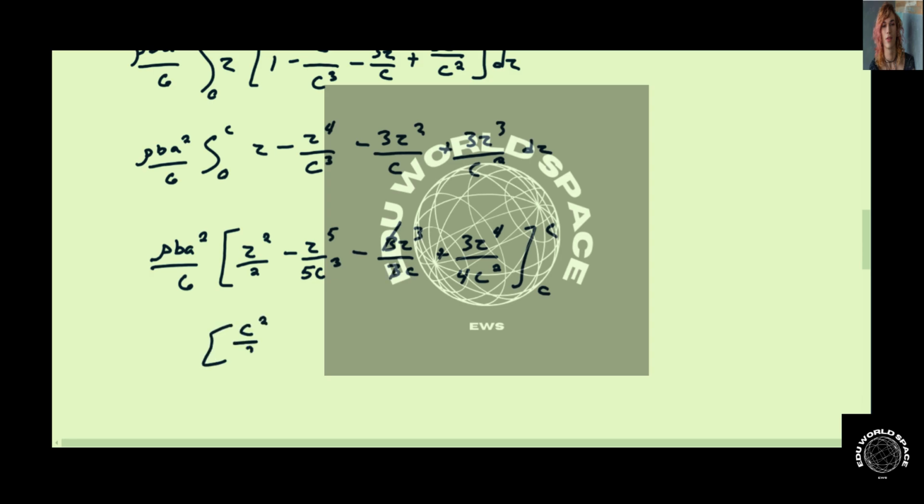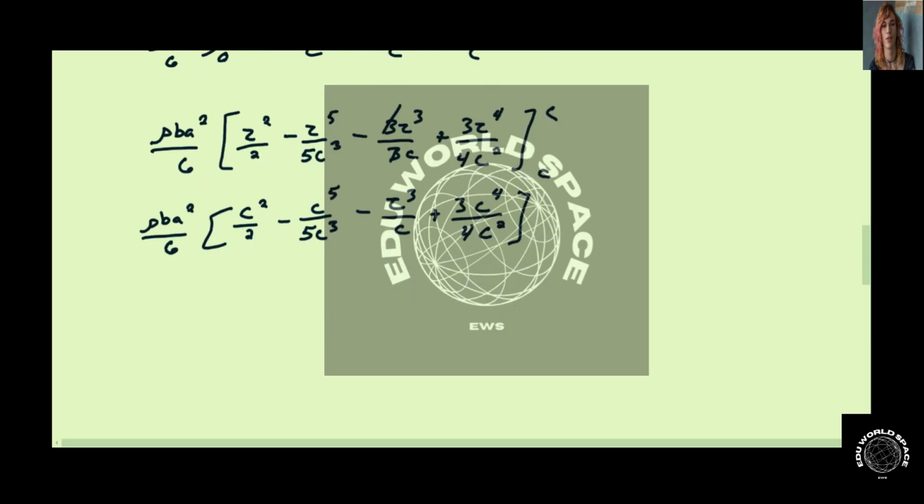We have c squared over 2 minus c fifth over 5c cubed minus c cubed over c plus 3c fourth over 4c squared. And of course we have pba squared over 6. Okay, and now what we can do is just simplify for what we have. And that's a c, not a z. There we go.